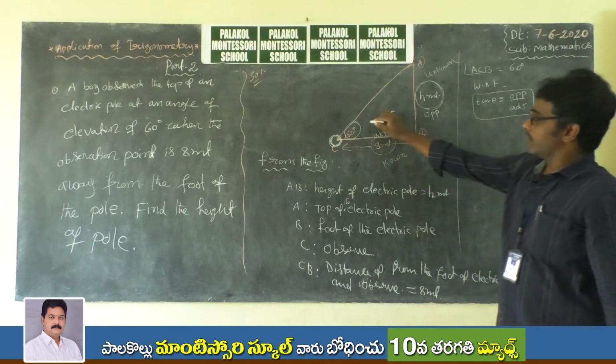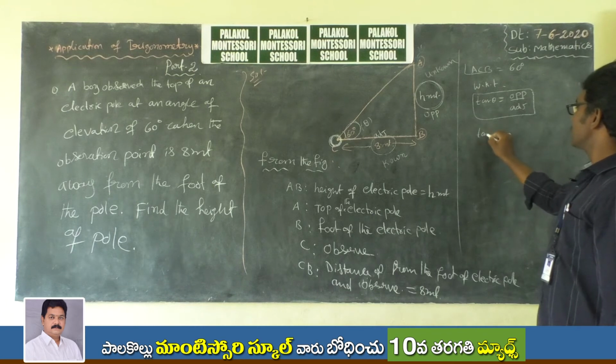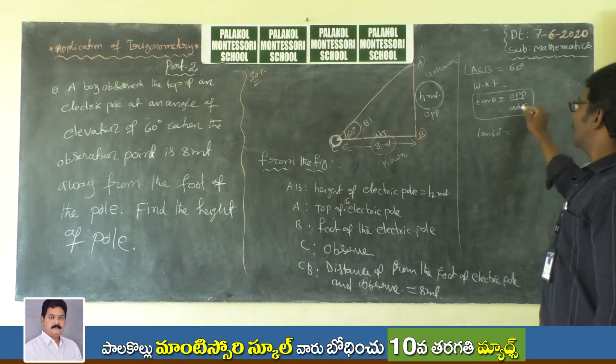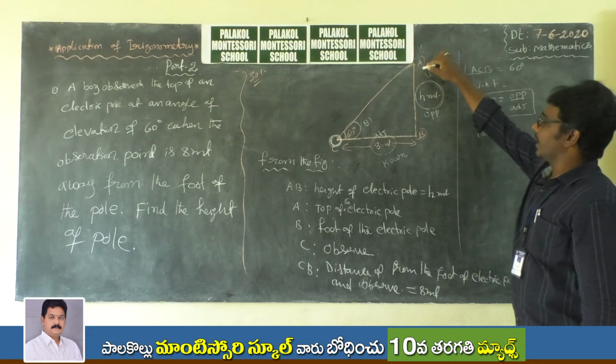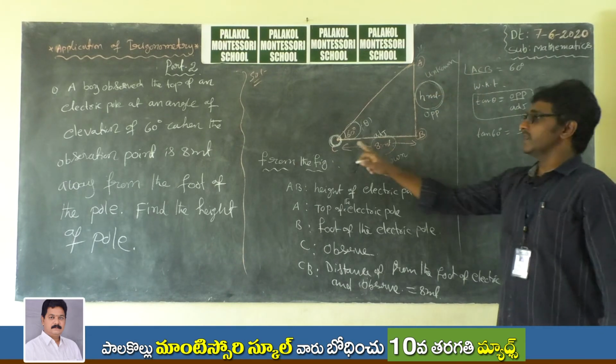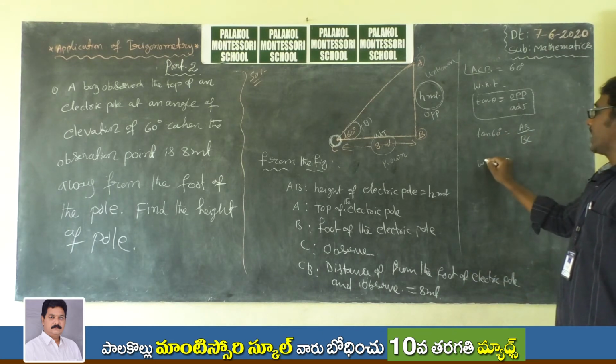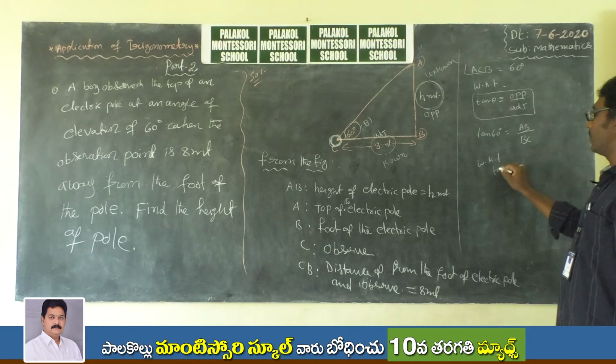Tan theta is equal to opposite side by adjacent side. Theta value is already given here, that is equal to 60 degrees. So tan 60 degrees is equal to, what is the name of the opposite side from the diagram? AB. What is the adjacent side? BC. So you know the tan 60 degrees value, tan 60 is very important.